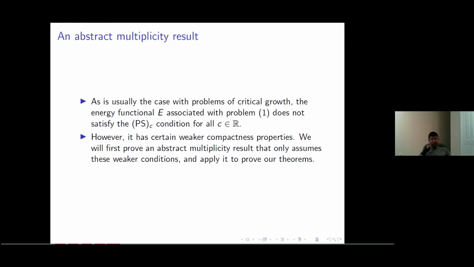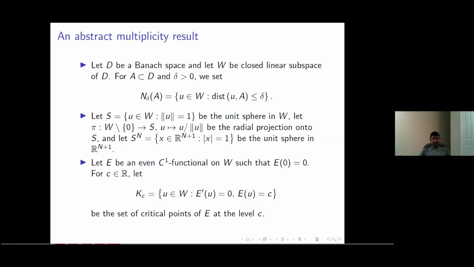So what we are going to do is we are first going to prove some abstract critical point theorems that only assume these weaker compactness conditions, and then we will apply them to prove our theorems. To state our abstract results, let me first introduce some notation.